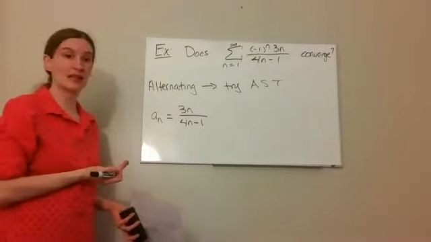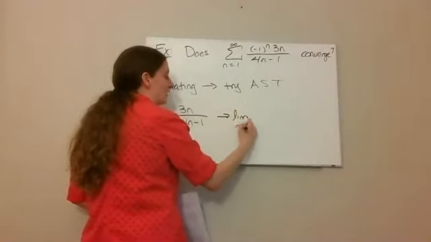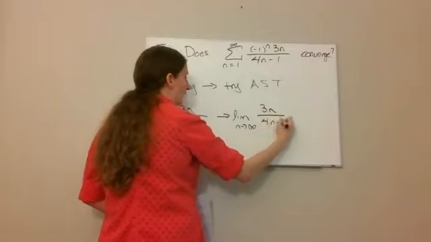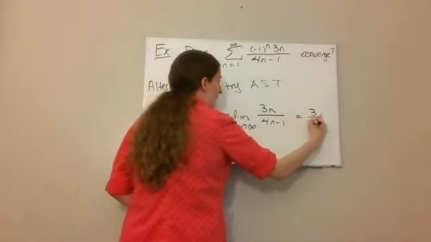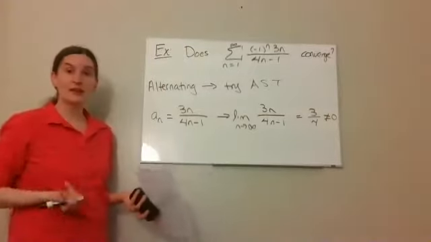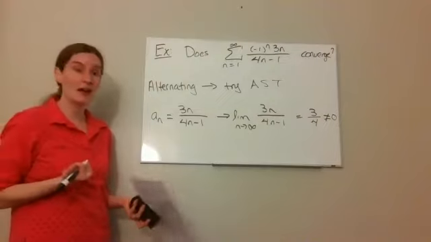If I take the limit as n goes to infinity of this 3n over 4n minus 1, I get 3 over 4, which is definitely not 0. So this tells me that the first condition of my alternating series test is not satisfied.